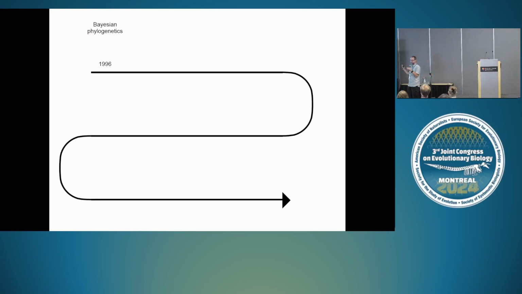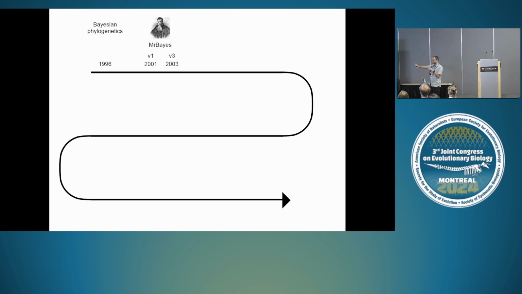Bayesian phylogenetics really started in 1996, with seminal papers that showed how to do MCMC analysis for phylogenetics. Pretty soon afterwards there was MrBayes. It only took 5 years, and MrBayes went from version 1 to version 3 in only 2 years.